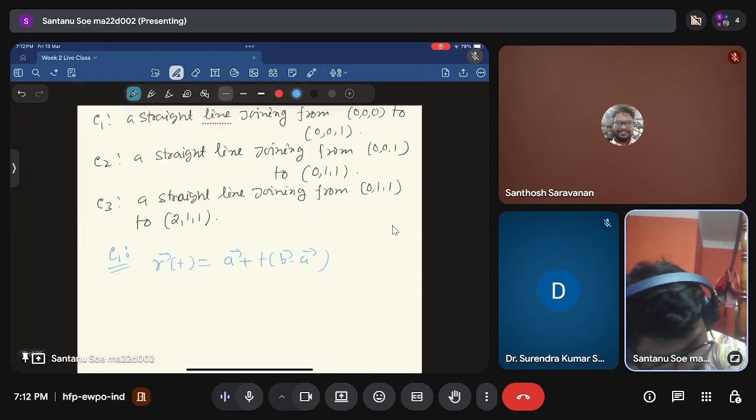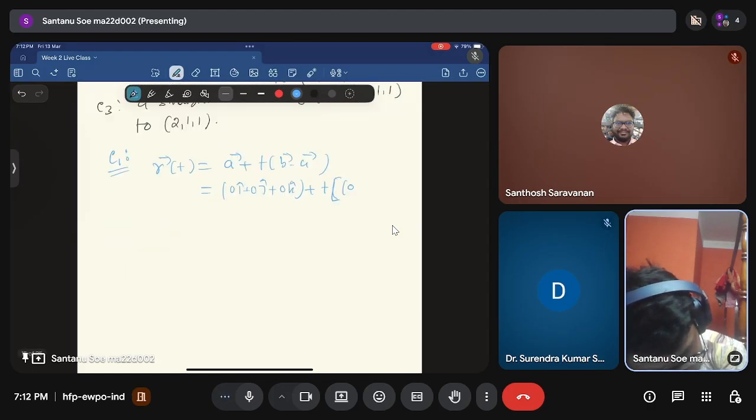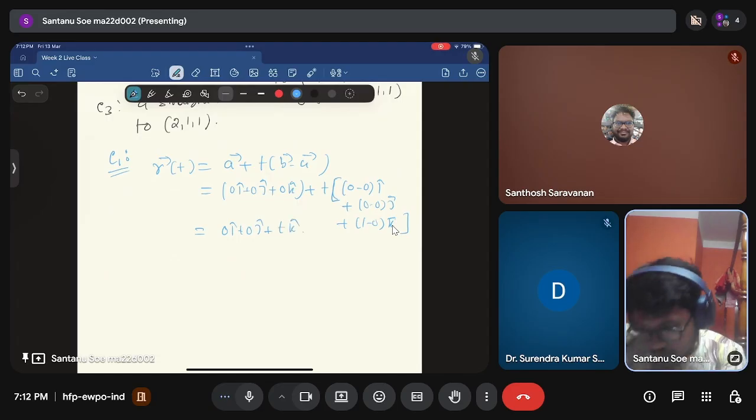Here A is (0, 0, 0) and B is (0, 0, 1). So this is 0i plus 0j plus 0k plus t into ((0 - 0)i plus (0 - 0)j plus (1 - 0)k). So this is just 0i plus 0j plus t k cap.